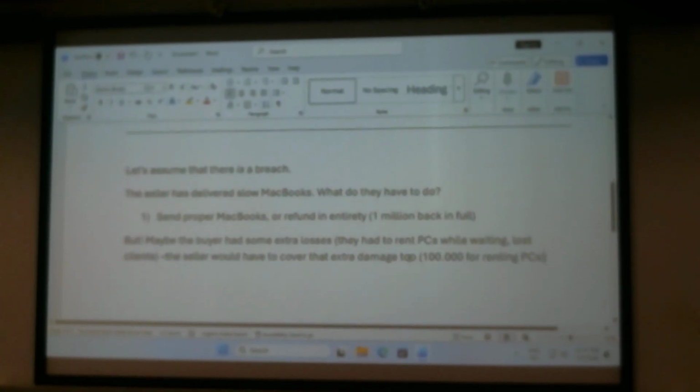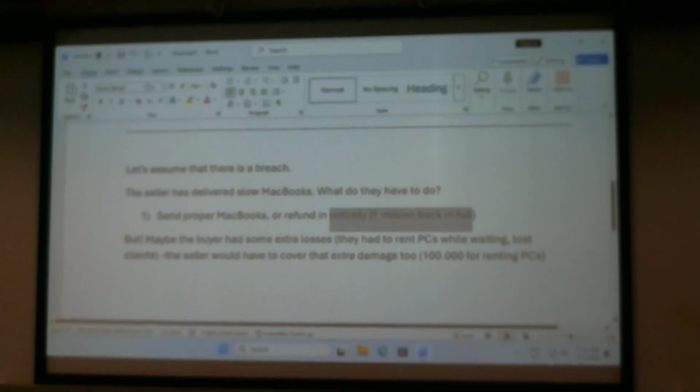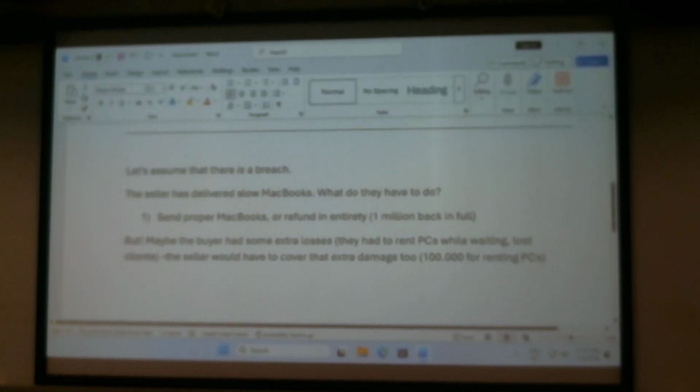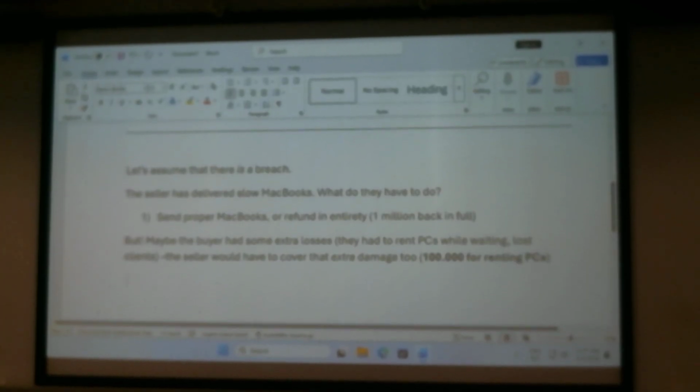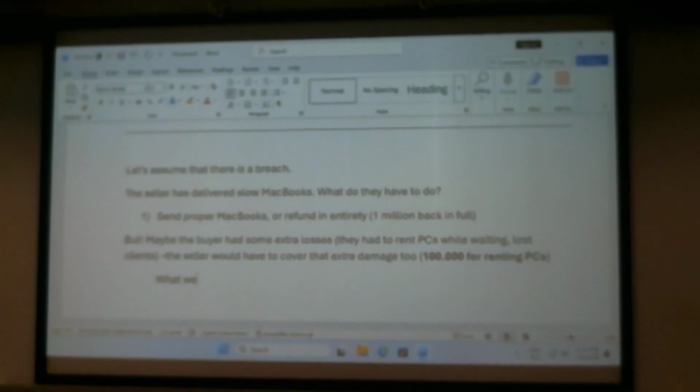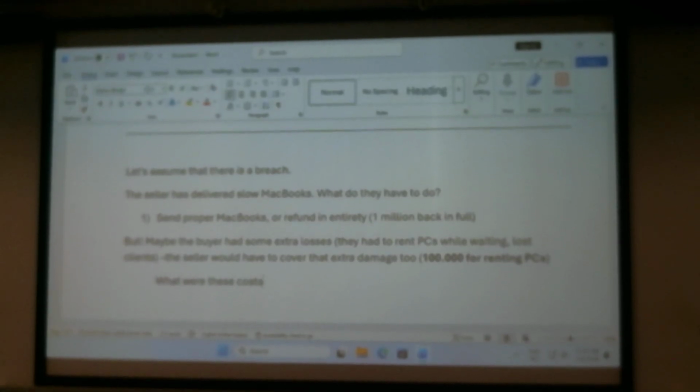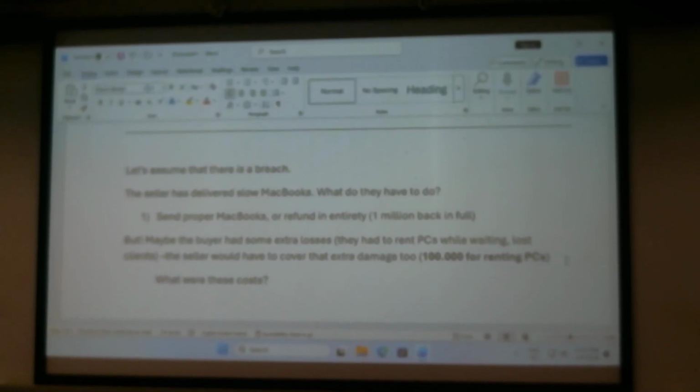So again, back to hypothetical, we get slow MacBooks, obviously money back, but obviously some extra costs, like 100,000 here. But what were these costs? So say that these costs are, we used renting alternatives.